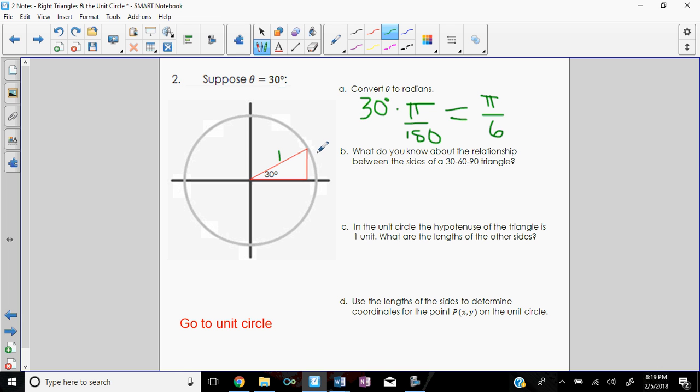And since my hypotenuse is 1, this is going to be 1/2. And the length of my longer side, I'm just going to multiply that by the square root of 3. So we get the square root of 3 over 2. And these become the ordered pair of this point right here. So let's go to our unit circle and plug that in.